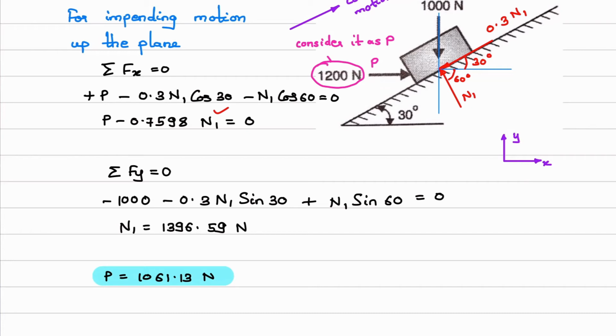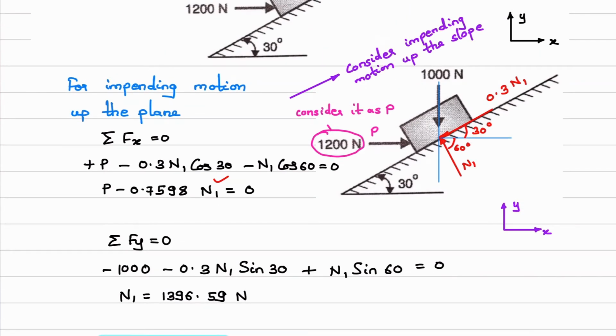What we will do in the second case, for impending motion down the plane, this will be the impending motion direction. So friction force will be in this direction. Again, this we will not consider, we will consider here P and calculate the value of P, that will be P min. Now suppose whatever given value is there, if it is less than P min, meaning the block will slide downward.